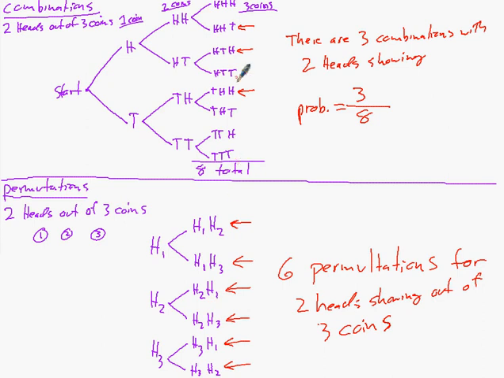In combinations, we didn't care whether this H was from coin 1, coin 2, or coin 3. This didn't matter to us. For most probability stuff, it's in fact the combinations that we'll use, although permutations will crop up every now and again.